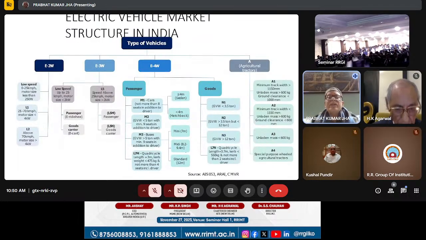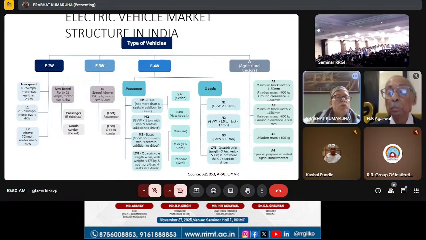Then you see the electric vehicle market structure in India. It is normally of 4 types: the two-wheeler, then the three-wheeler, then the four-wheeler, then agricultural tractors, etc. The lowest speed, 0 to 25 kilometer per hour, is the E2W, electric two-wheeler. Then 25 to 70 kilometer per hour with motor size up to 4 kilowatt, and L2 above 70 kilometer per hour with motor size maybe above 4 kilowatt.